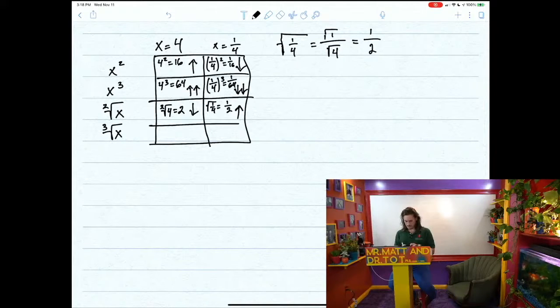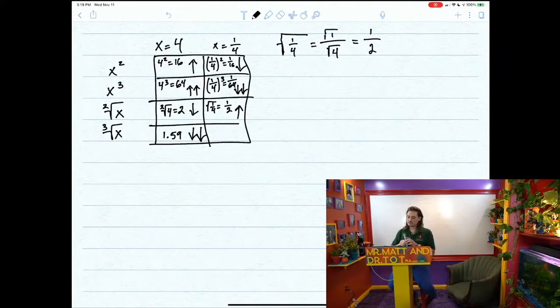If we have 4 raised to the 1/3 power, the cube root of 4 is going to be about 1.59. So that's a decrease, and notice that's even more of a decrease than the square root of 4.